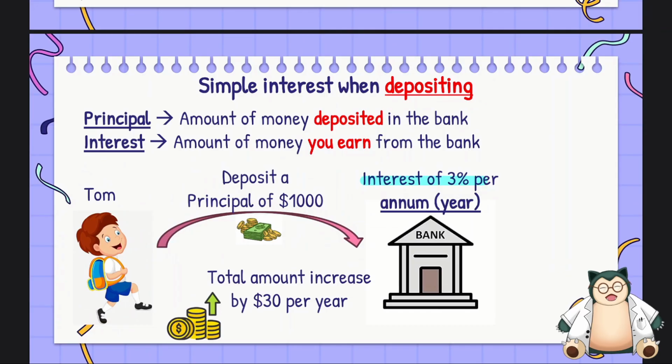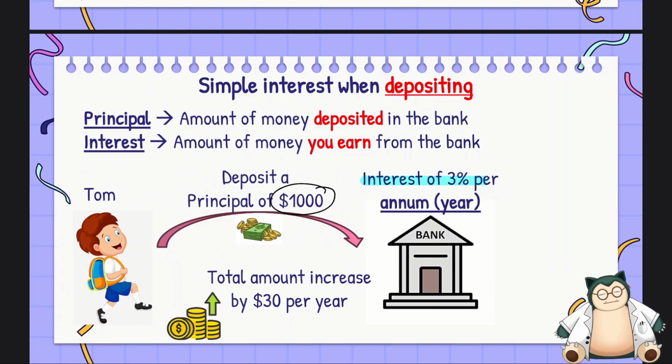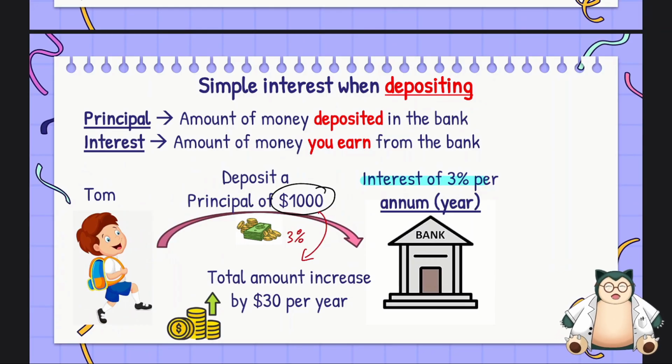It means they will pay you back 3% of the principal of $1,000, so your total balance will increase by 3%. So 3% of $1,000 would be $30, and that's how you get passive income by putting money in the bank at the rate of 3% per annum.